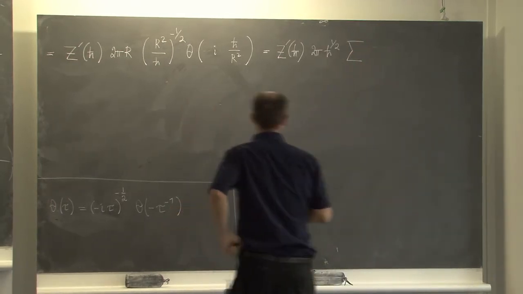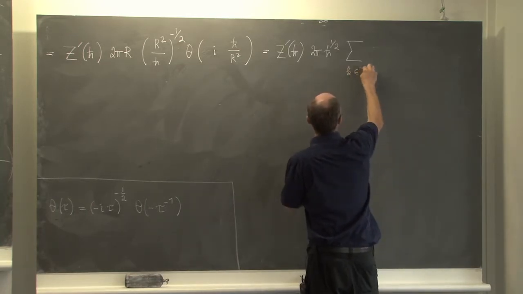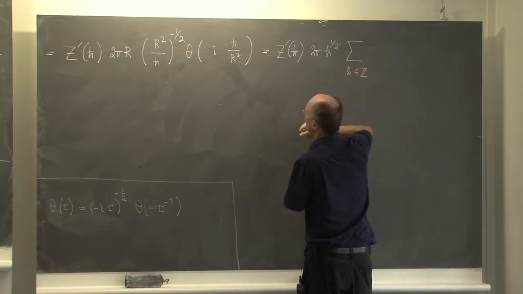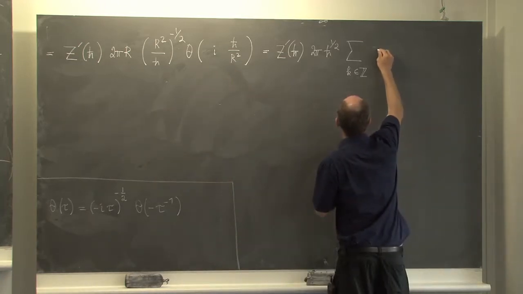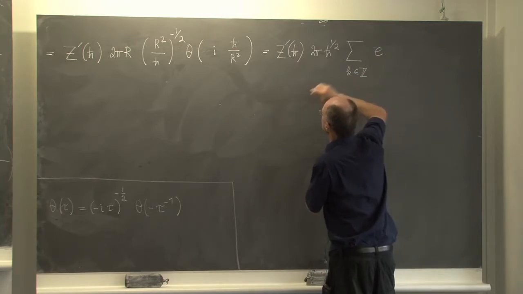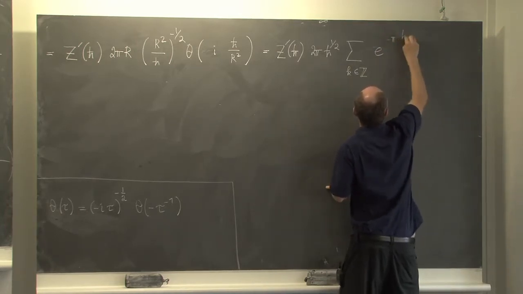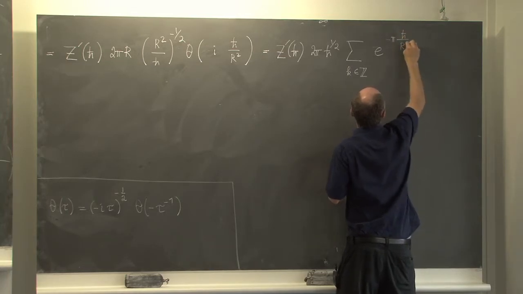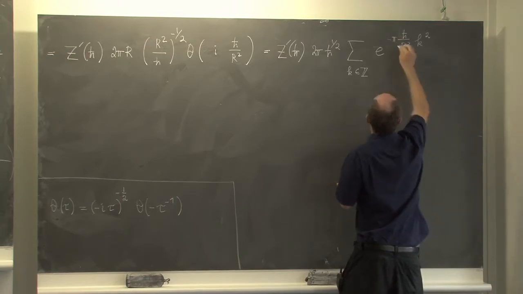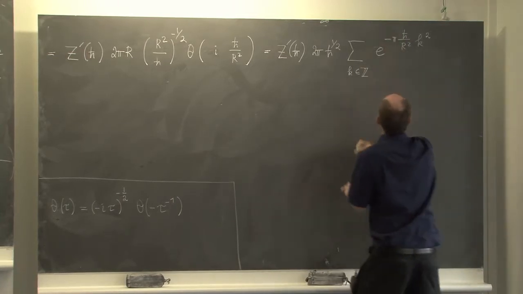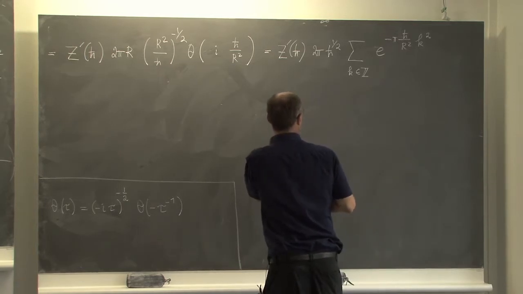Let me name the parameter in some other way, k in z. And now I should substitute it again in the definition. So it will be exponential of minus pi h over r squared k squared. Right.